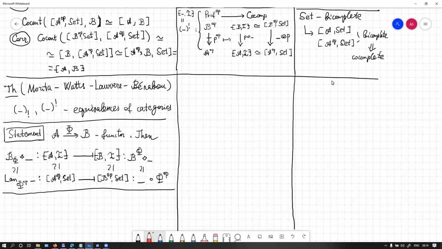Now I want briefly to summarize, and we will end. So, summary. First, profunctors are generalized relations, distributions, bimodules, matrices.